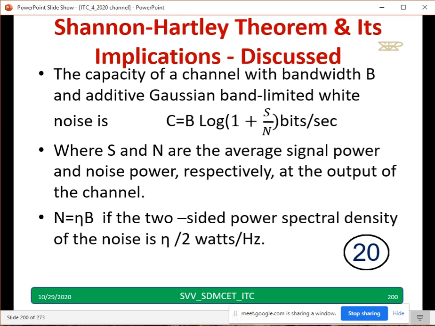You copy down C equal to B log of 1 plus S by N, and one more: N equal to eta into B, where eta by 2 is the two-sided power spectral density of the noise, in watts per hertz. That's another line you can copy down.